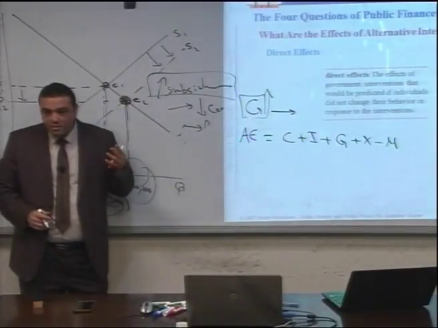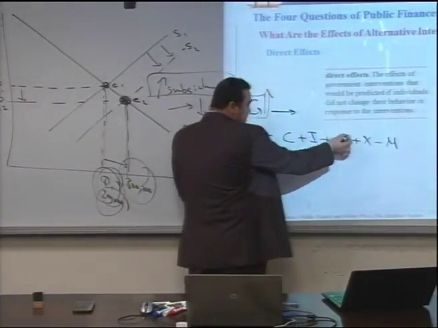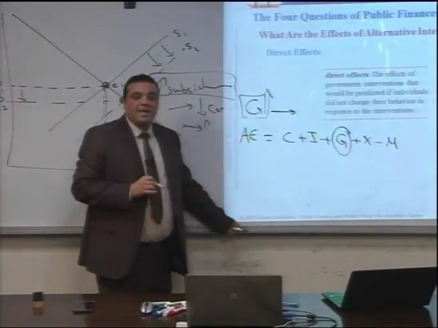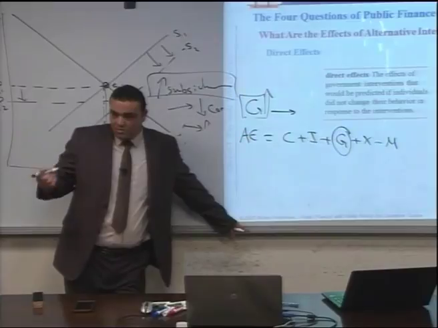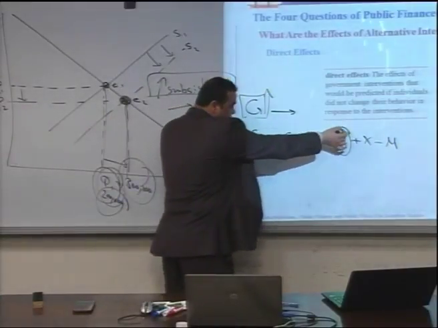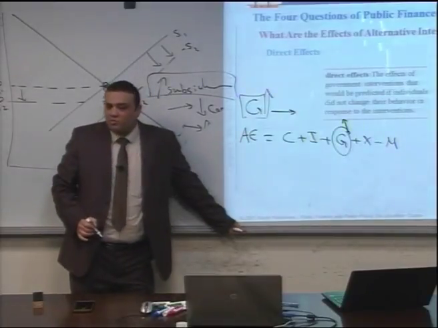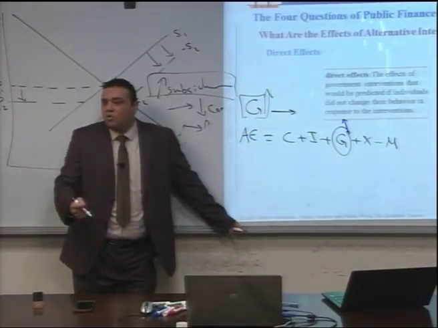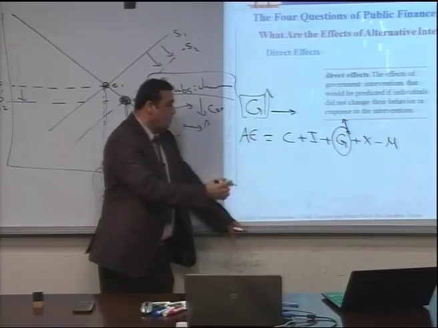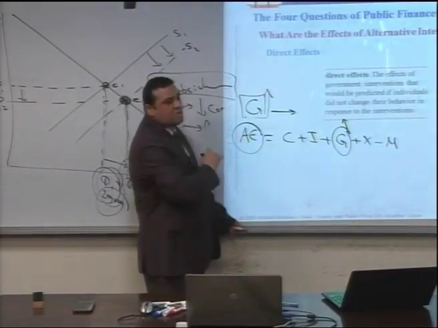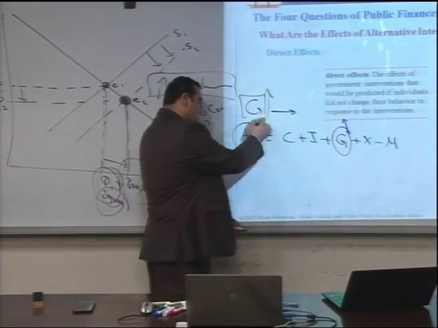Do you remember? Increasing the government spending or cutting taxes. Increasing G, it's a control factor. The government can control the government spending. What will happen to the aggregate expenditure? Increase.